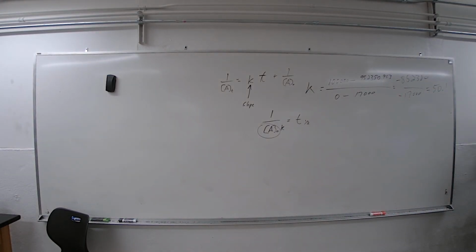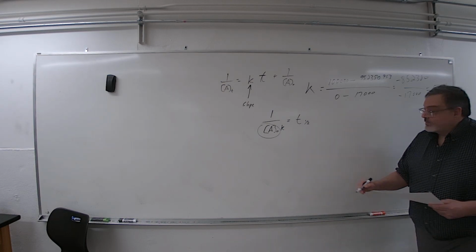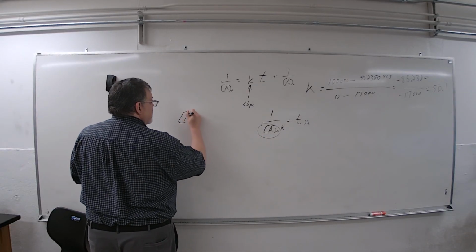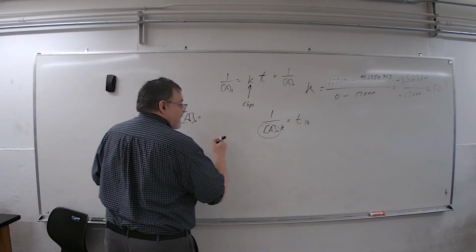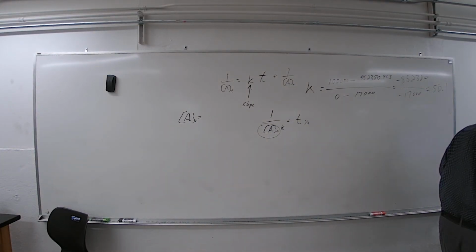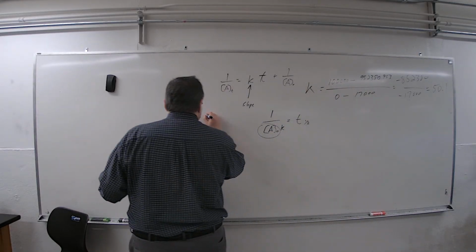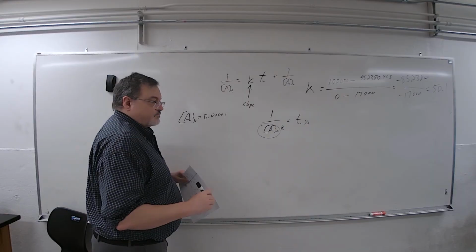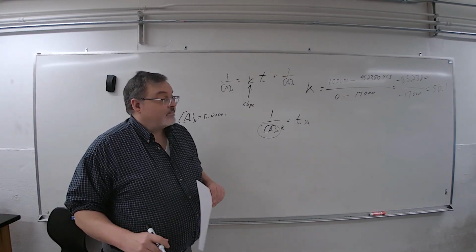The concentration for the second order and the concentration for the zero order, when you're looking at the half-life, you end up looking at this column because this is the concentration. So you're looking for the initial concentration. For this problem, A naught equals 0.00001. That's A naught. You see what I'm saying?